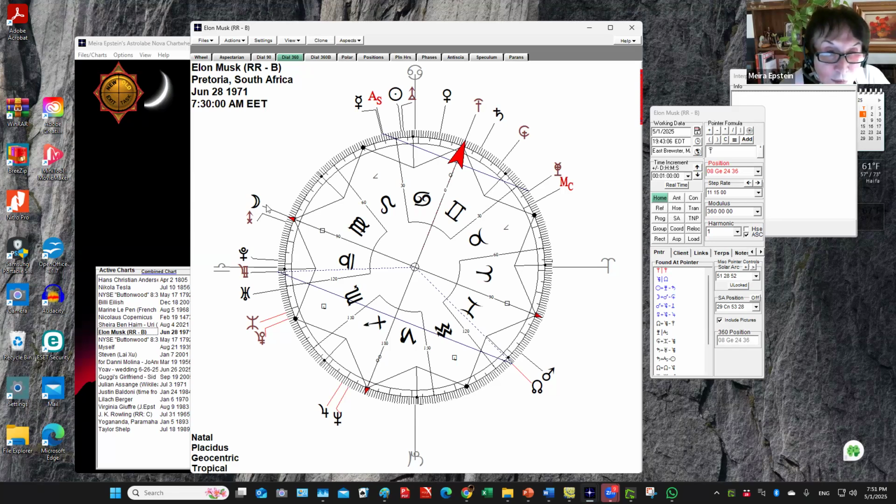We know it's a square, but we don't care. We don't do aspect good and bad. Remember, the aspects here are only to discover connection between planets, no more. So what matters is the planet, not the aspect. We need to have an aspect, then we know there is a connection. So Cronus Moon is a very, very strong connection.